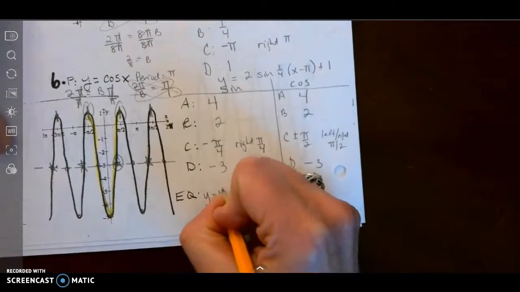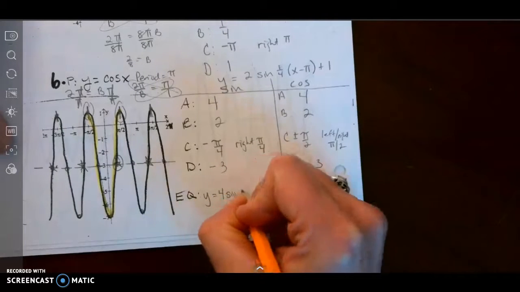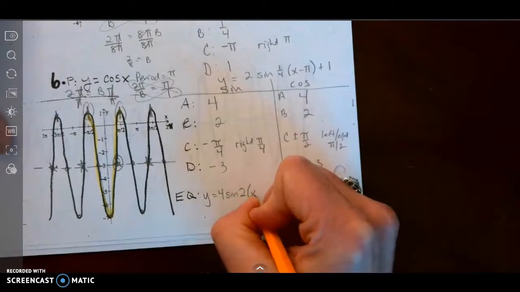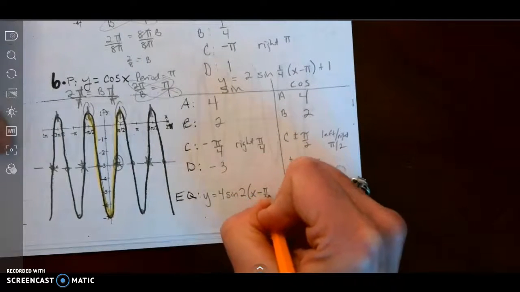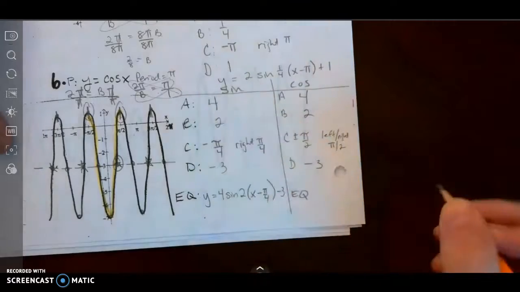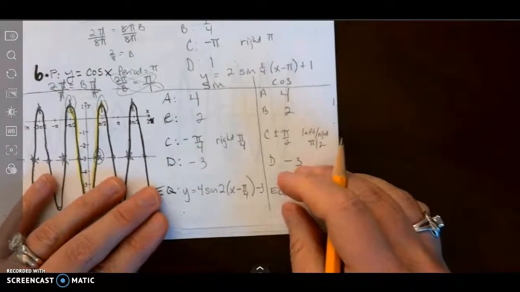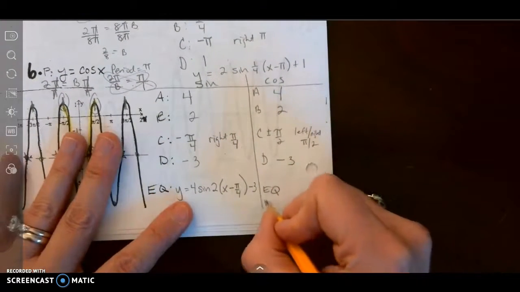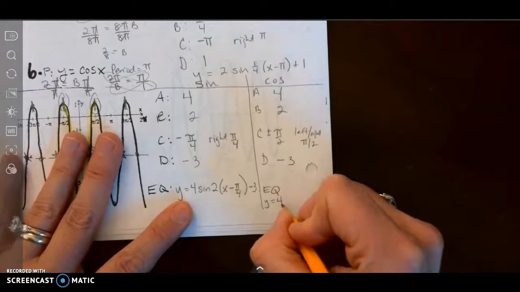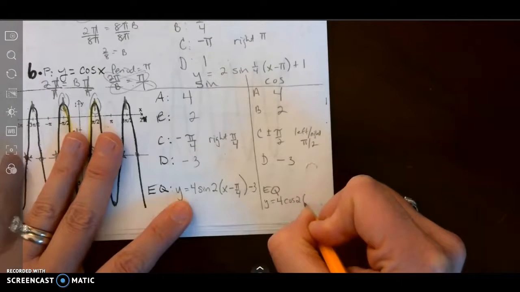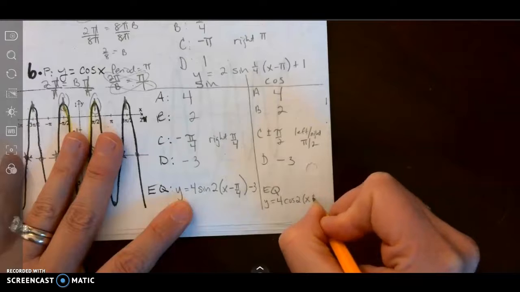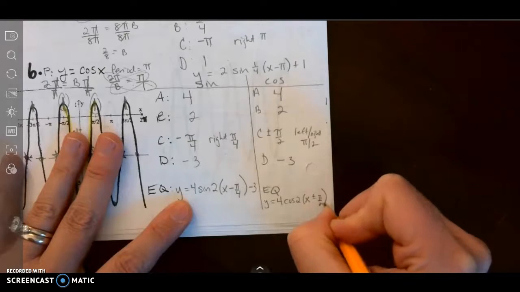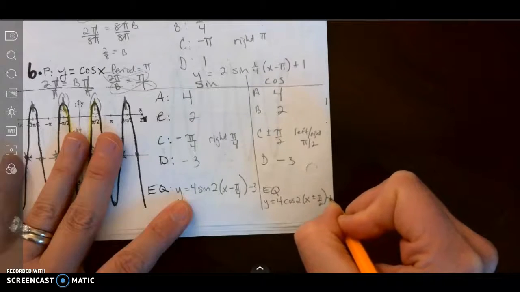Y equals 4 times the sine of 2 times x minus pi over 4 minus 3. And for cosine, y equals 4 cosine of 2 times x plus or minus pi over 2 minus 3.